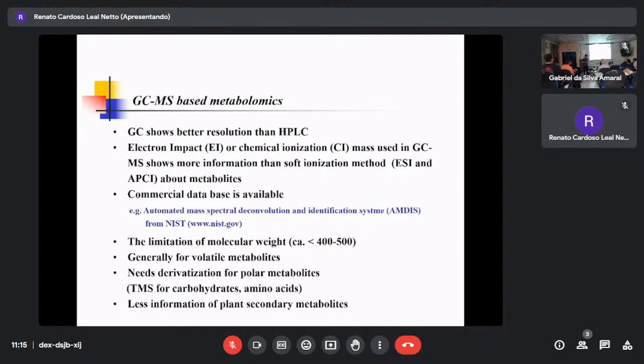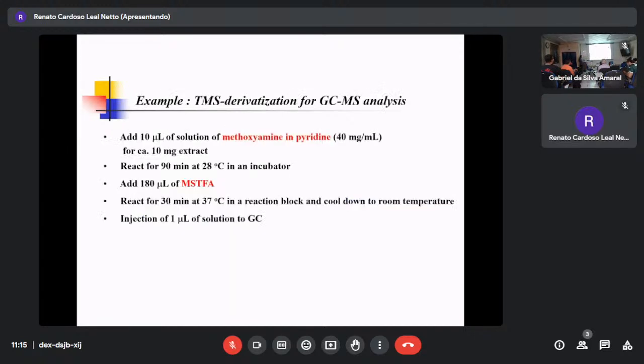Okay. Now TMS derivatization. Here is one example of a TMS derivatization protocol. More or less, when you do GCMS analysis, this is the general protocol developed by the Max Planck Institute in Germany. So first, methoxyamine in pyridine.